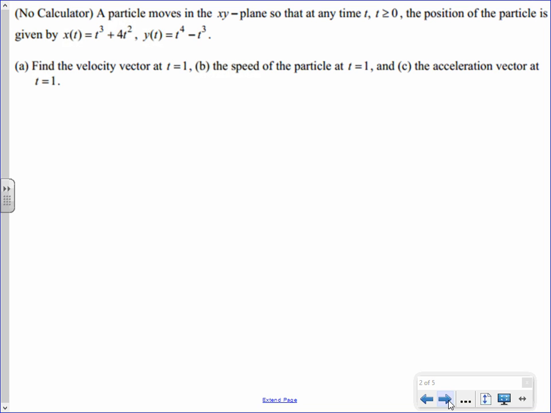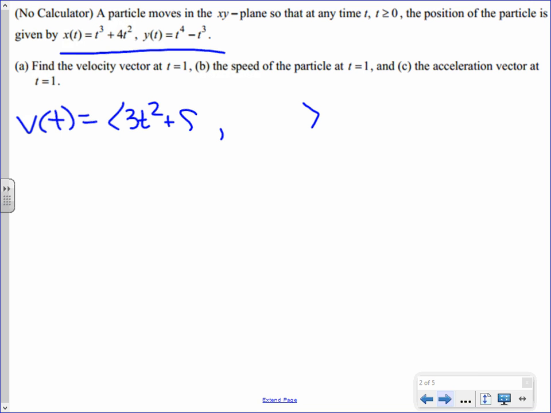Okay, find the velocity vector at t is 1, the speed at t is 1, and the acceleration at t is 1. So if this is our position, then our velocity vector, chevrons because it's a vector, the derivative of the horizontal component would be what? 3t squared plus 8t.